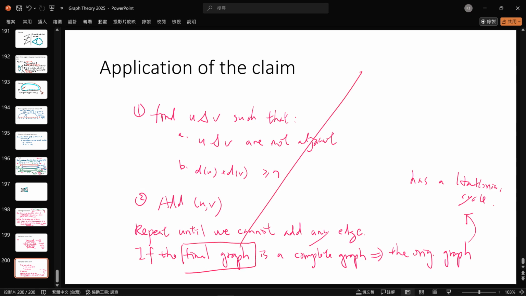So this is called the closure of G, okay? So G is the original graph. So this final graph is called the closure of G. And the notation is CL(G), okay?